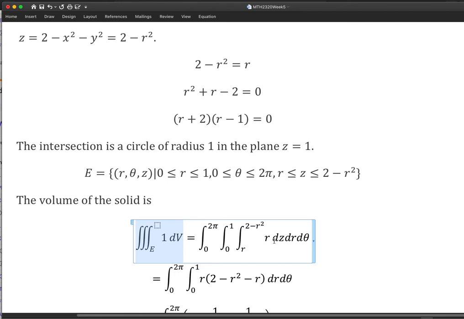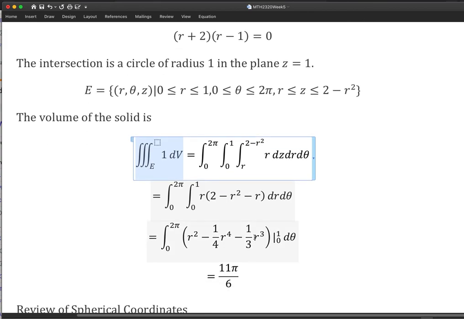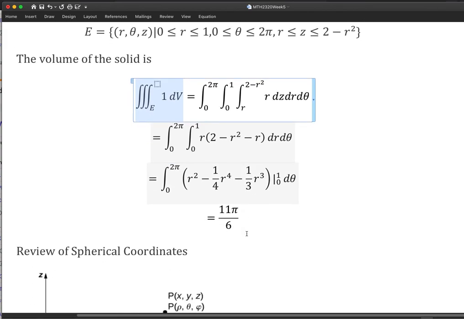And don't forget that there's an actual r there, r dr. Then dz, z moves from here to here. And r changes from 0 to 1, theta changes from 0 to 2 pi. And then we finish the evaluation.